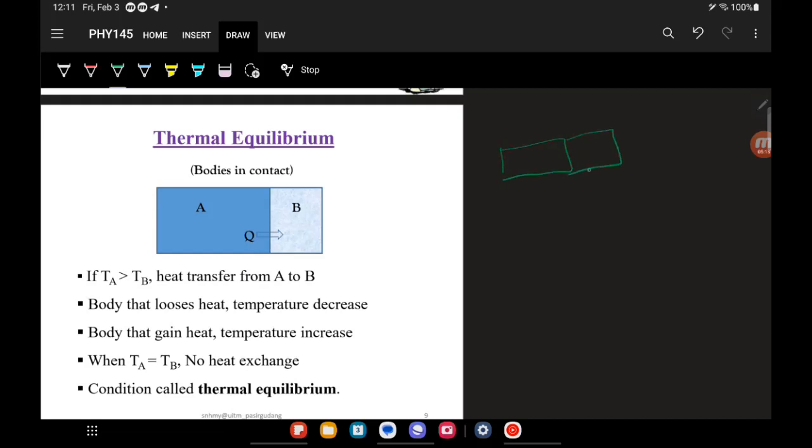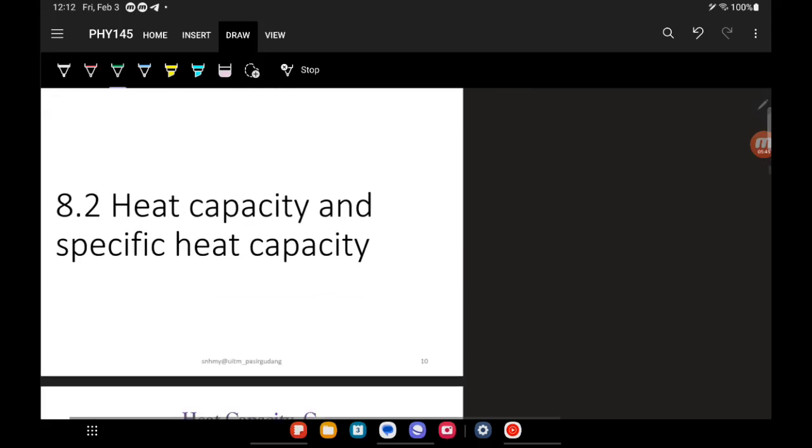Where both side A and B here have reached the same hotness, or we can say the same temperature, where there's no net heat transfer. It's not that there's no heat transfer at all. There will be a slight heat transfer from A to B, and also a slight transfer from B to A, and through this process it is able to maintain the same temperature, what we call thermal equilibrium. Okay, so that's all.